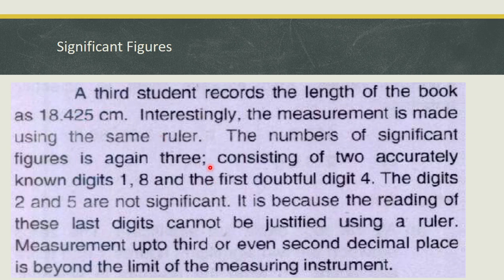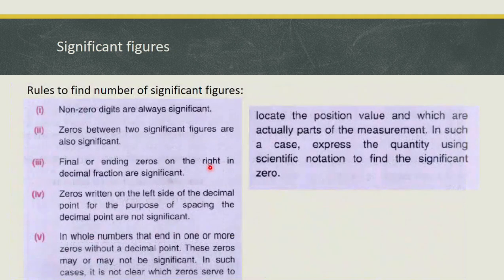Now let's move towards the rules to find the number of significant figures. In general, all non-zero digits are always significant. Of course, when we are finding the number of significant figures, we must know about the instrument.